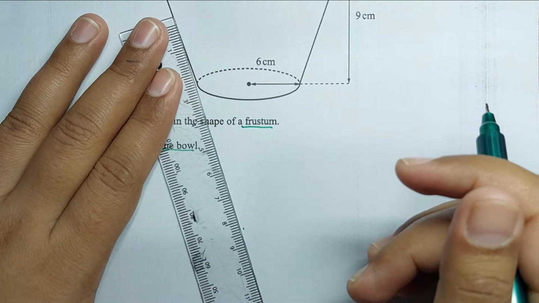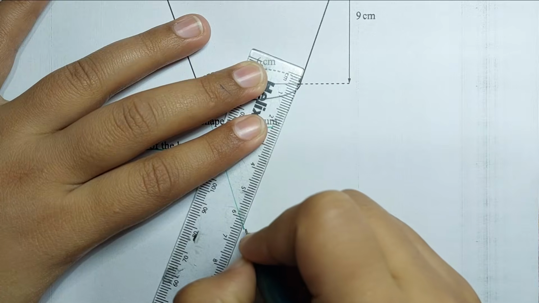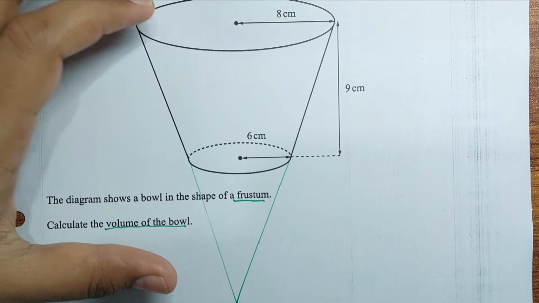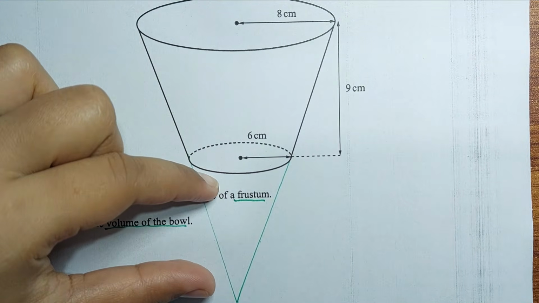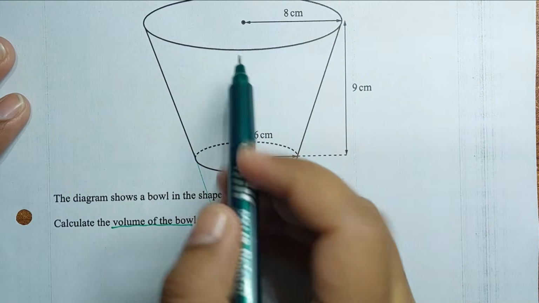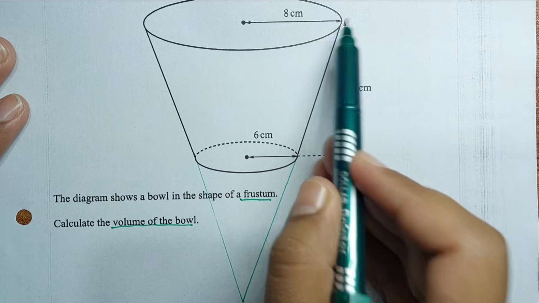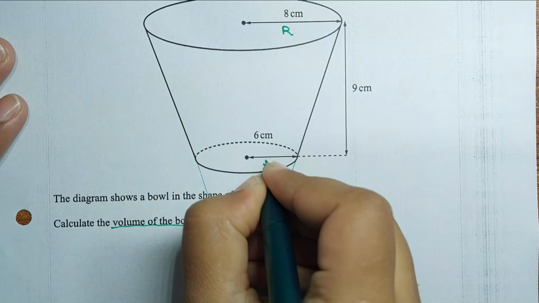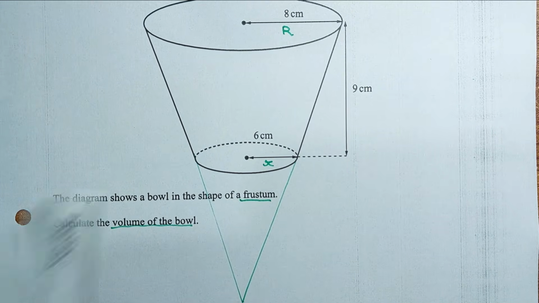So let me extend this cone. Yeah, so you can see this is the shape of a cone. From this cone you have to subtract this smaller cone, you will get the frustum. So the larger cone, its radius is 8. Let's say this is capital R. The smaller cone radius is small r, that is 6, and the height, yeah.